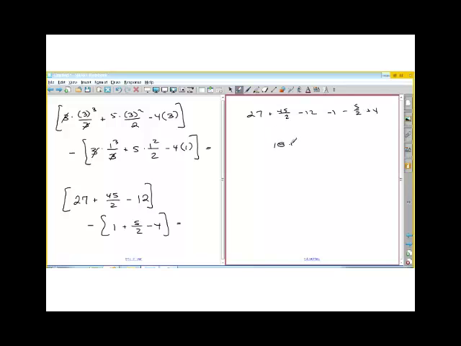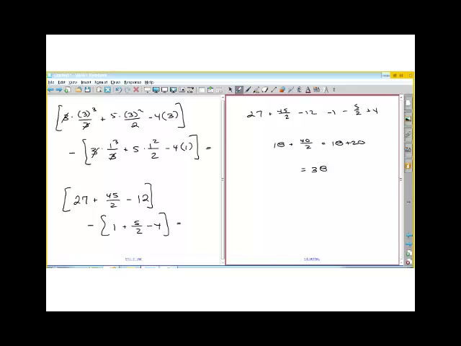Then you could do the halves part. 45 minus 5 would be 40, so we get 40 halves, which you can simplify to 20. So the final answer would be 38. That's correct.